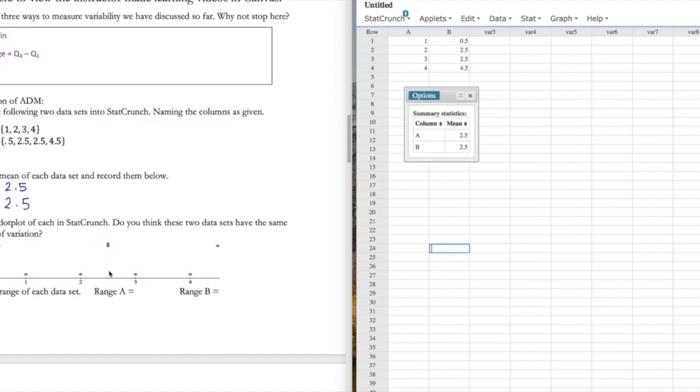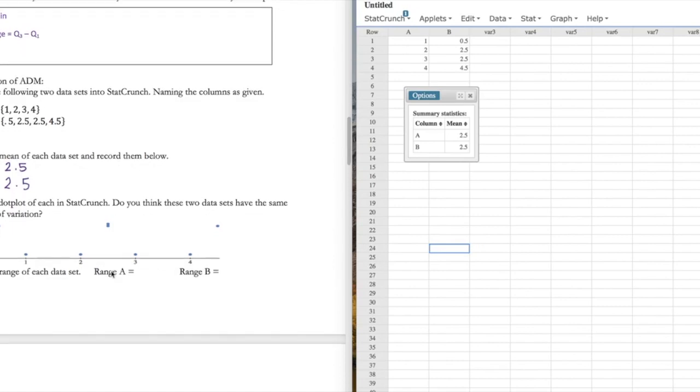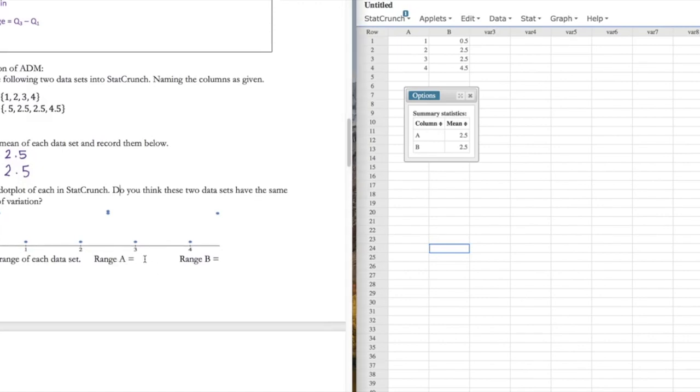Well, when I do this in class, most students say that they think the numeric value of variation for these two data sets should be different. But let's see what happens with the range and with the ADM. So range, we know, is maximum minus minimum.